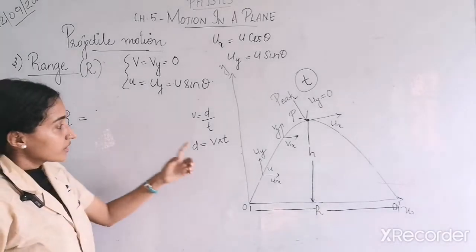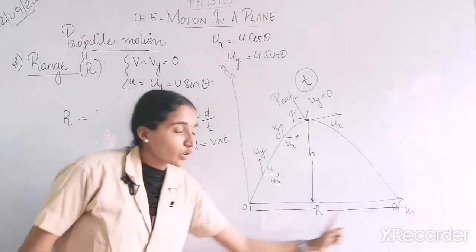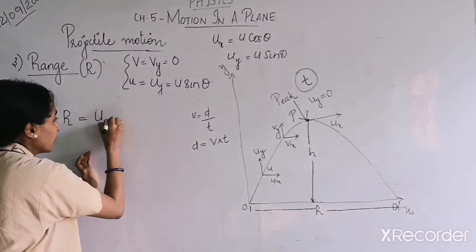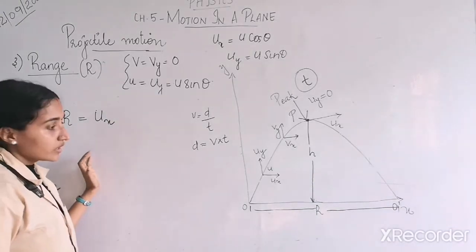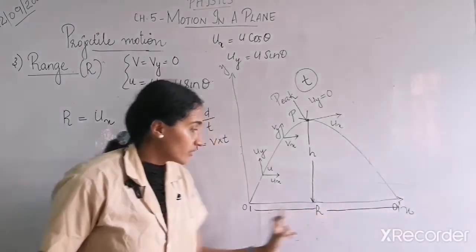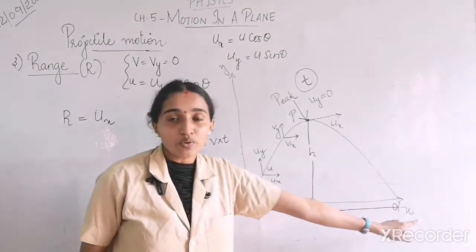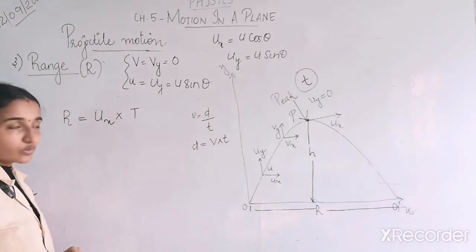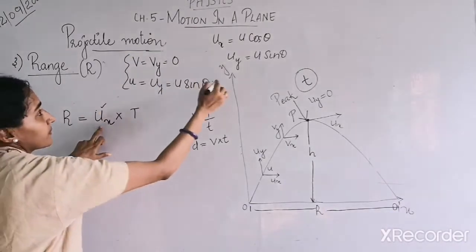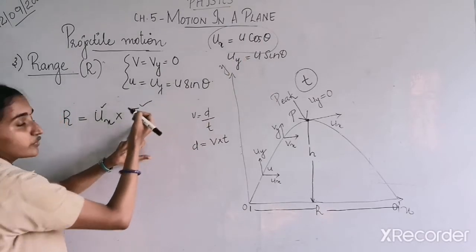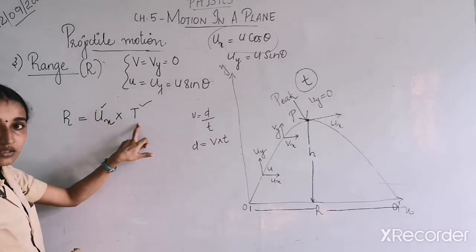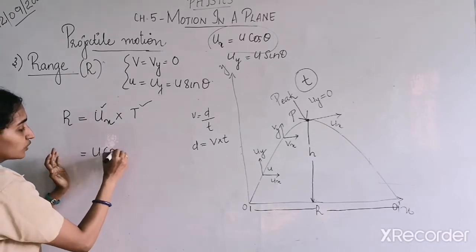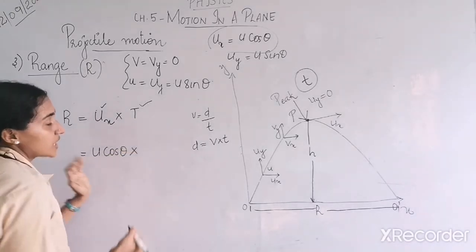Now instead of velocity, that is a horizontal distance, so velocity will be horizontal velocity ux. Got it? Now the time for the total will be the flight time of the projectile, capital T. Yes or no? You already found out the equation for T. So substituting here, ux will be equal to u cos theta into time of flight.